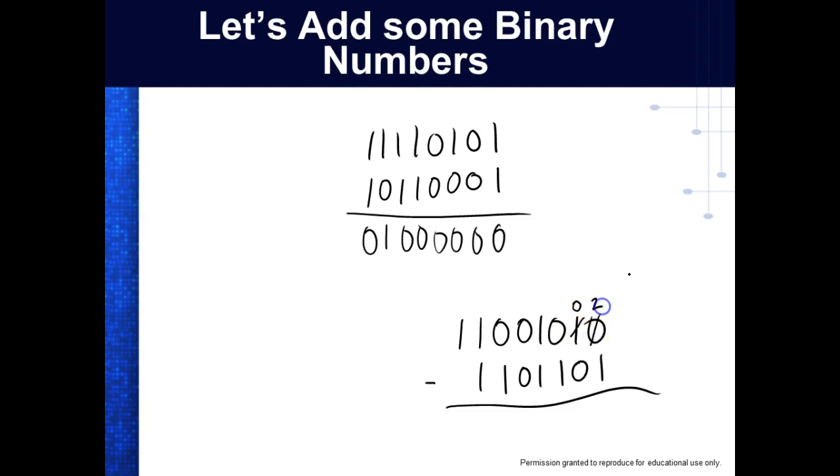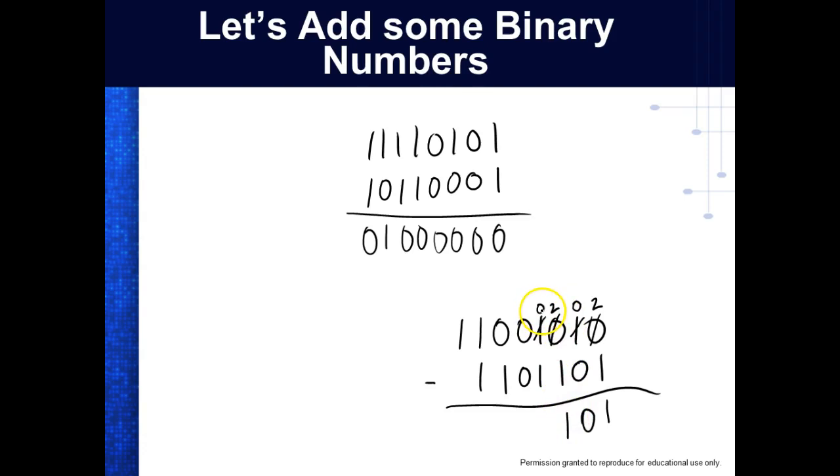This will turn into a 2, because we borrowed a 2, right? You understand? 2 minus 1 is what? 1. 0 minus 0 is 0. I can't subtract this. What do I need to borrow? Come over here, mark this off, makes this a 0, makes this a 2. 2 minus 1 is 1.